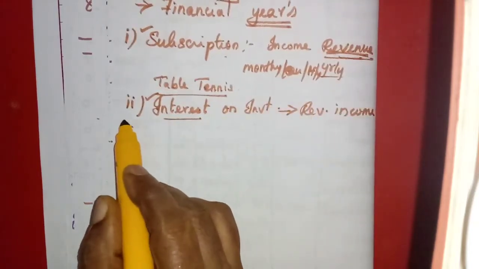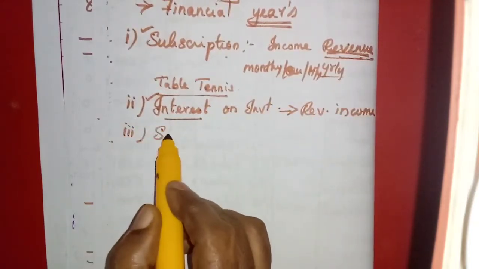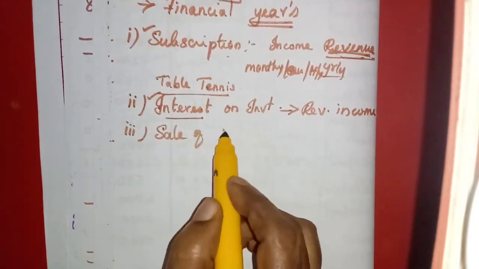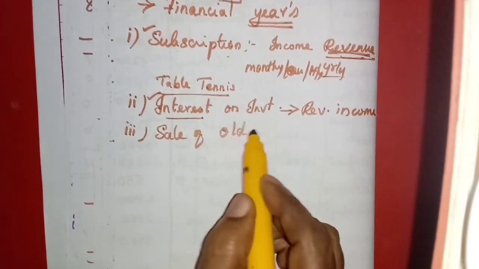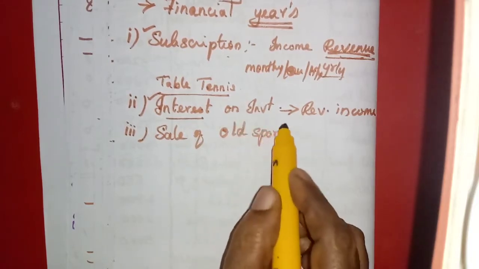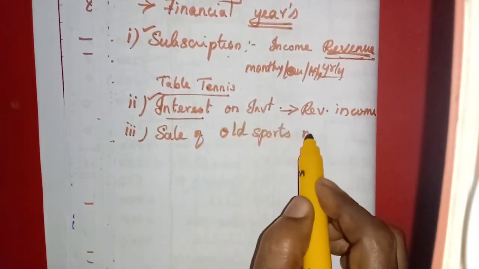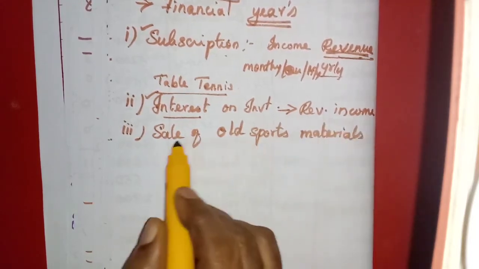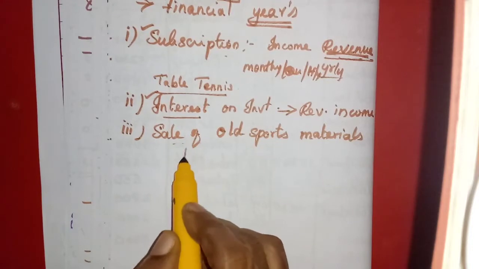Then third one, sale of old sports materials. If it is a sports organization, they will have old sports materials that they have used, and they will sell them. There they will get some sale proceeds.